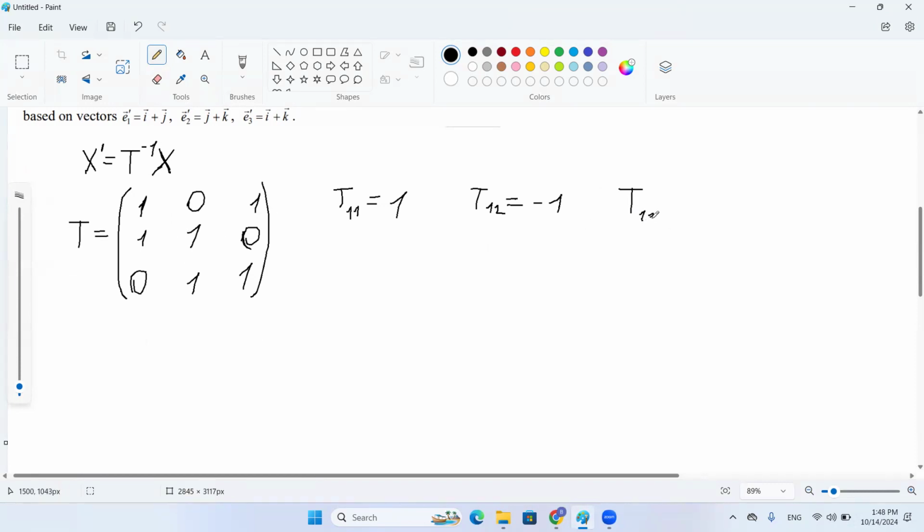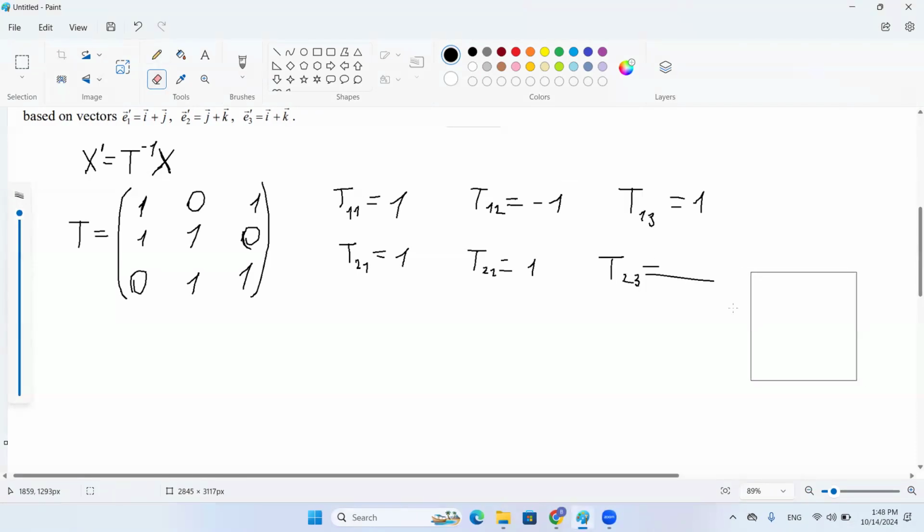T13 equals 1. T21 equals 1. T22 equals 1, and T23 equals. Sorry, but minus why?